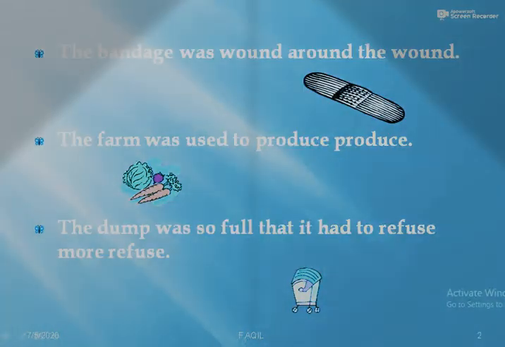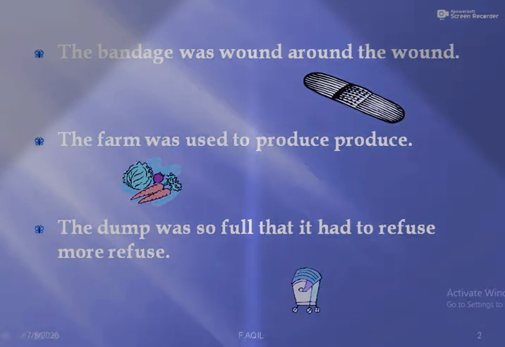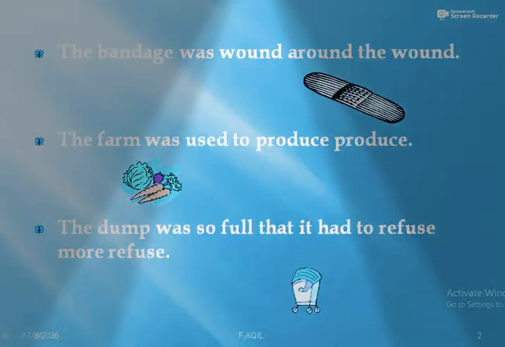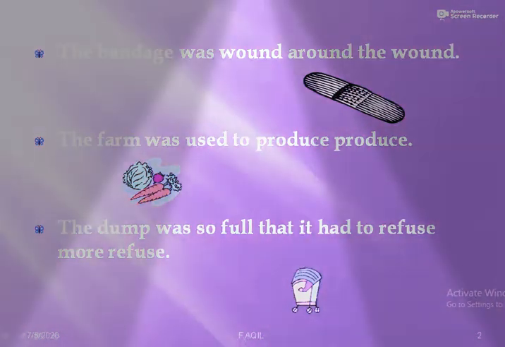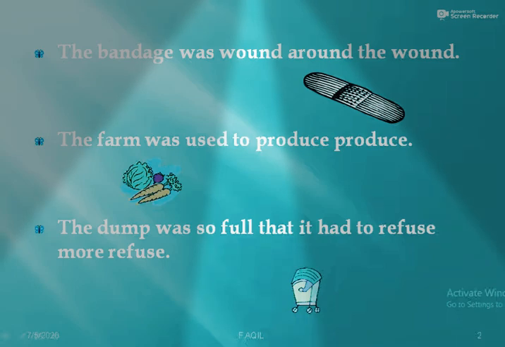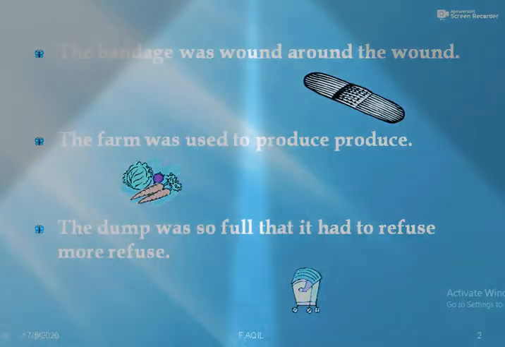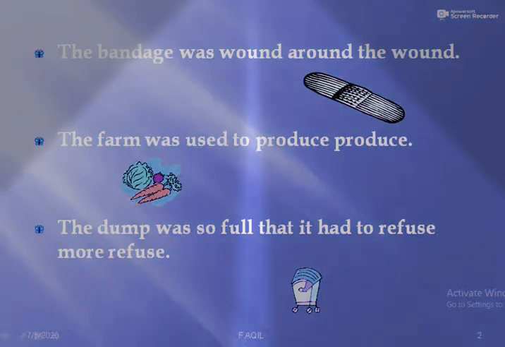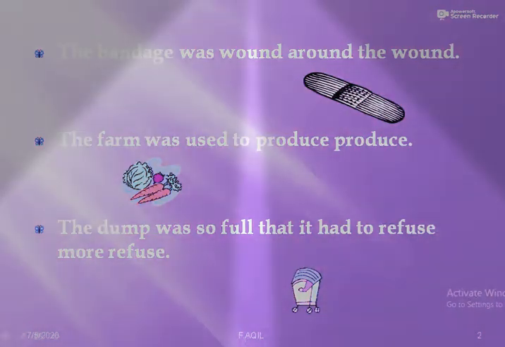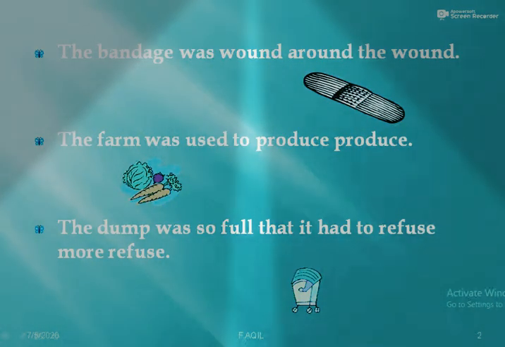Now the third sentence, the dump was so full that it had to refuse more refuse. We have two words, refuse and refuse. So the first refuse here is when we want to avoid something, when we have a no to something.